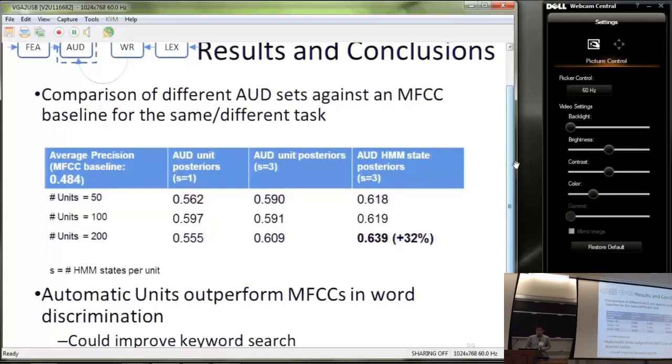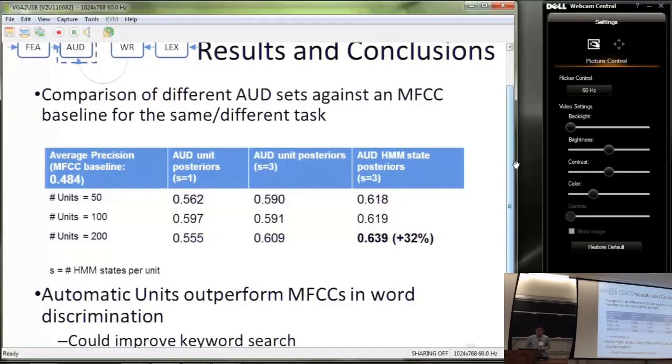And further, if we use the HMM state posteriors, that has higher resolution and gives even better performance, which is 0.618. When we increase the number of units to 100, the three-state AOD posteriors perform similarly, and the single-state AOD posteriors improve. When we increase the number of units further to 200, the single-state AOD posterior starts to drop, while the three-state AOD posterior keeps improving.